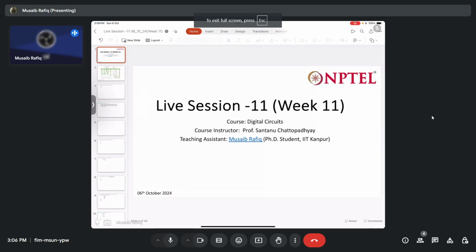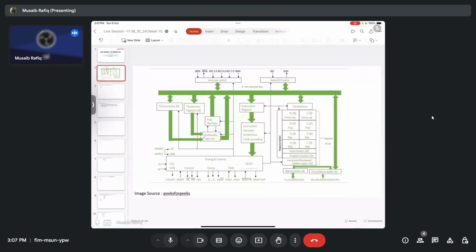Before proceeding to the problems for today's live session, we'll discuss the architecture of 8085. I'll briefly go over some of the functionalities. This week I have kept this slide for the architecture of 8085, and next week we'll be discussing the pin diagram. Here I will discuss some of the functional units, just a brief overview.